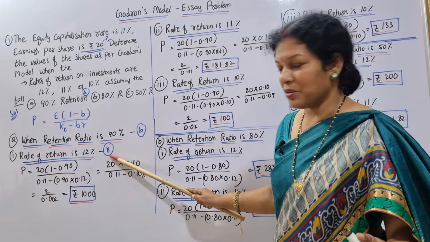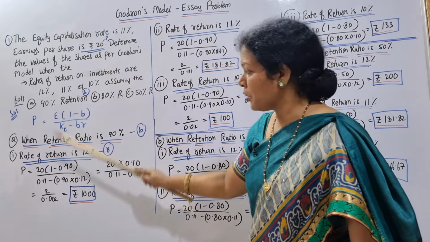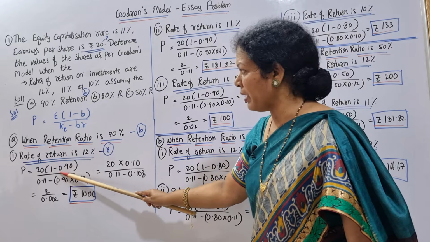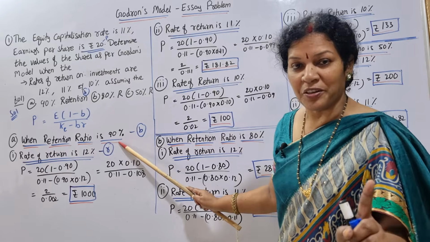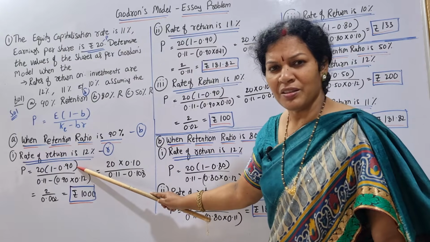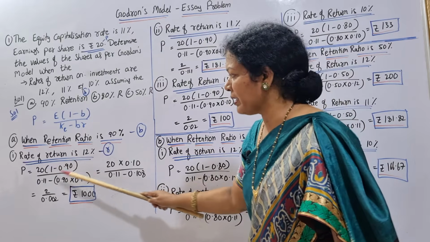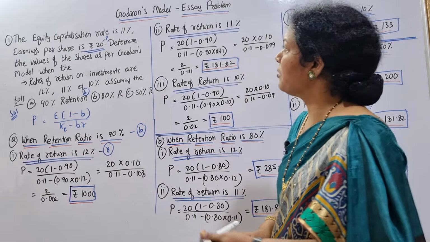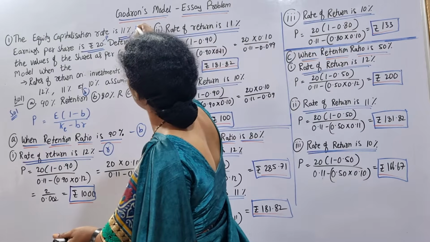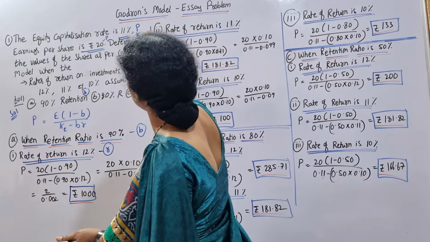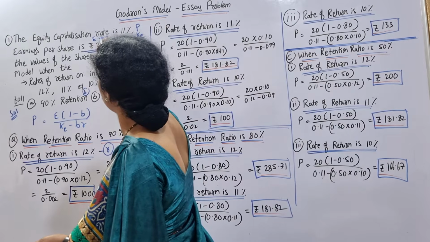Now the formula is P is equal to earnings per share 20, into 1 minus B. B is 90%, 90 by 100 comes to 0.90. Close the brackets, divided by KE, cost of capital, here 11%. This is also permanent.